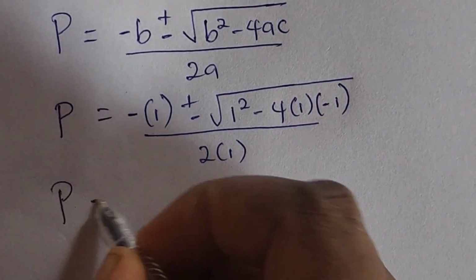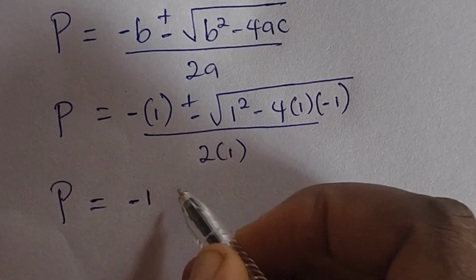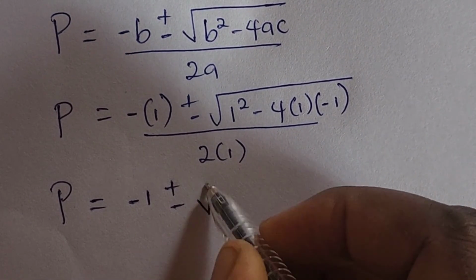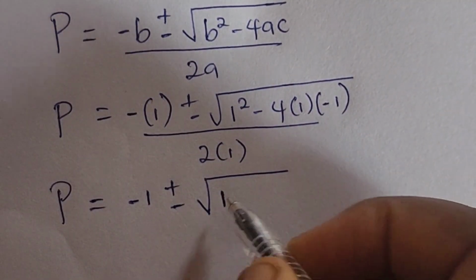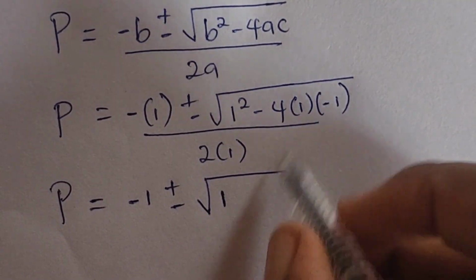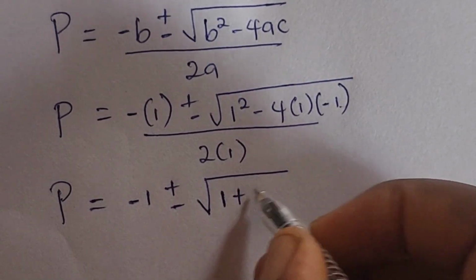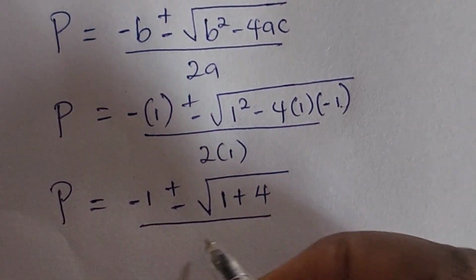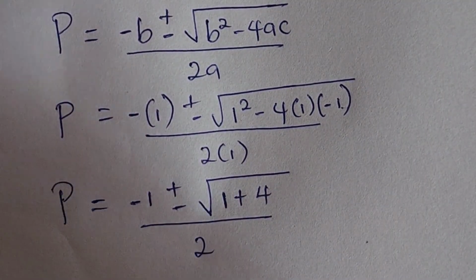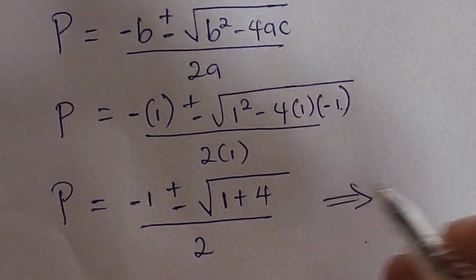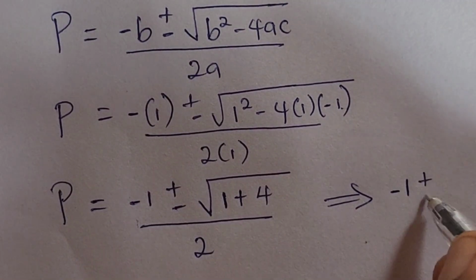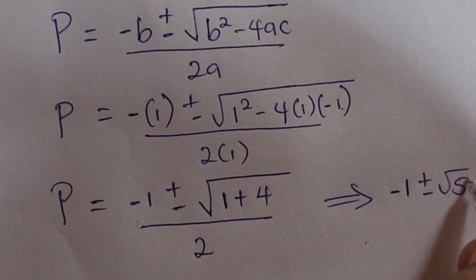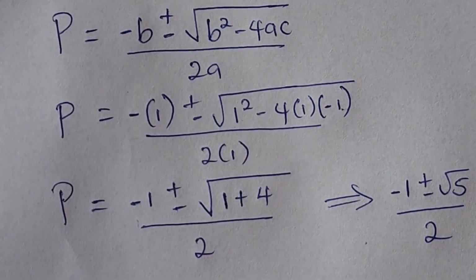So our p will be equal to minus 1 plus or minus the square root of 1 squared, we have 1, and we have minus times minus, we have plus 4, all over 2. So this implies that P is equal to minus 1 plus or minus root 5 over 2.